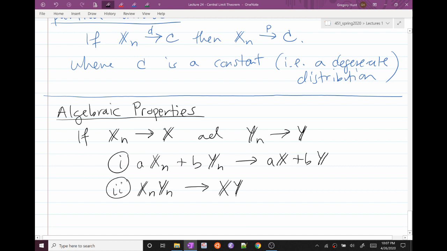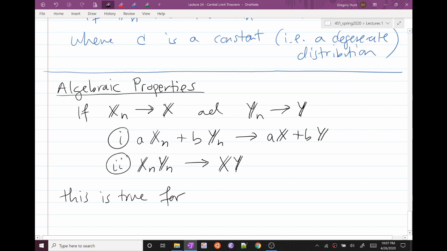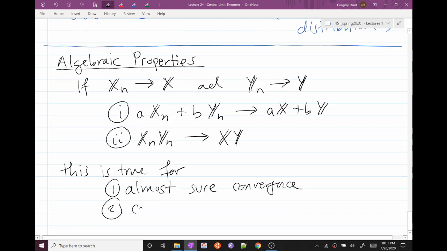And this is true for either almost sure convergence and convergence in probability. So if x of n converges almost surely to x and y sub n converges almost surely to y, this is true.